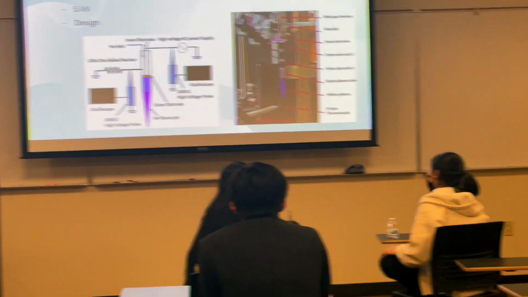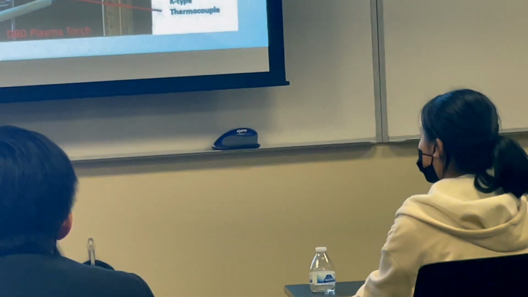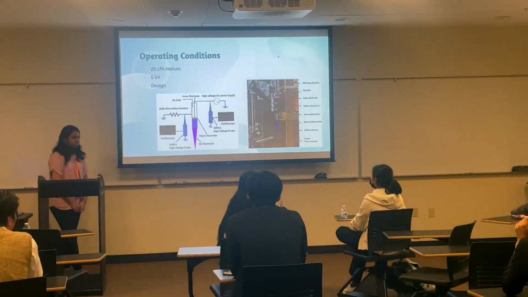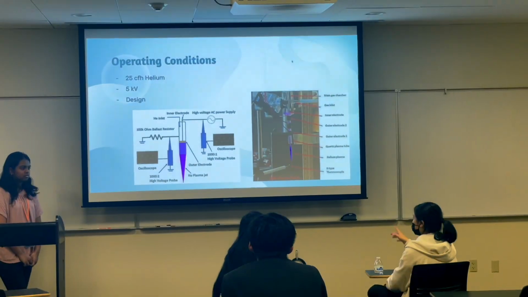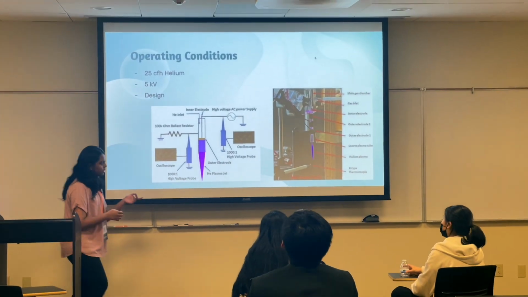Wait, so you mentioned how it can produce hydrogen peroxide in your blood, and maybe more nitrogen monoxide to further wound healing. But how exactly do you implement this on a human, in theory?